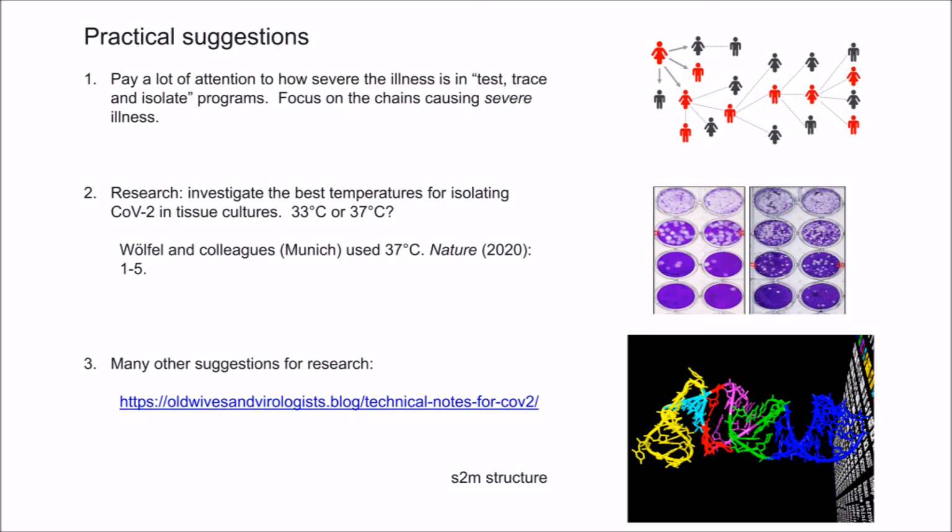Because, in fact, CoV-2 and influenza and many other respiratory viruses have this secondary structure in their RNA, which is conserved, and that means it must be doing something. In the coronaviruses, including CoV-2 and SARS, there is a structure called the S2M structure, which is actually tertiary structure, meaning it has a very well-defined 3D structure. And it'd be very interesting to find out if it was involved in any sort of temperature response in coronaviruses.